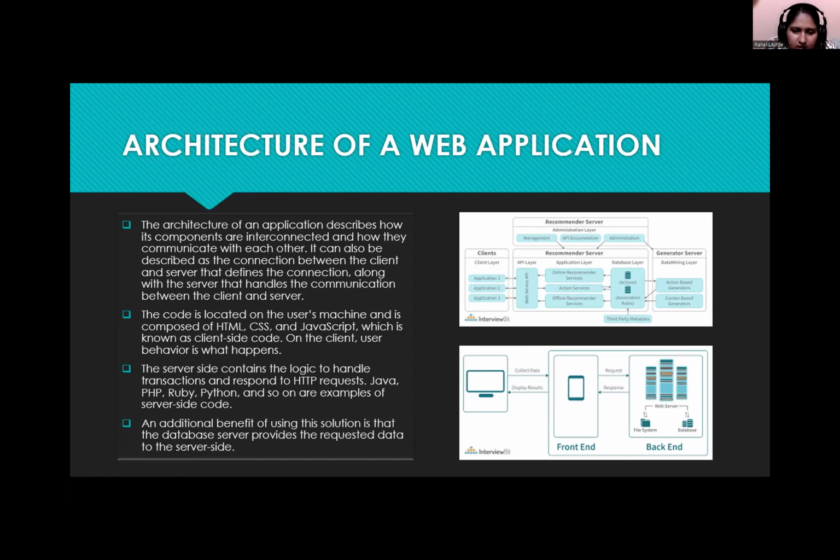The server side contains the logic to handle the transactions, compute all the requirements, and produce what is required as a response. The languages used are Java, PHP, Ruby, Python, and there are other languages also, which are examples of server side code. An additional benefit is that the database server provides the requested data to the server side.